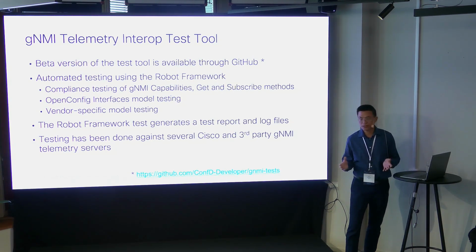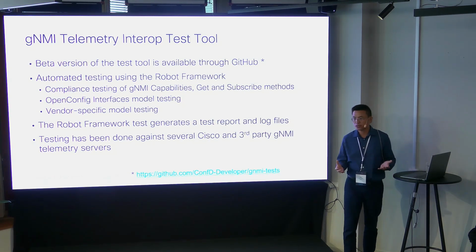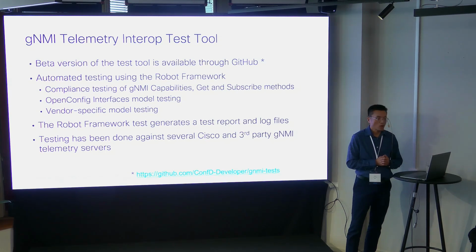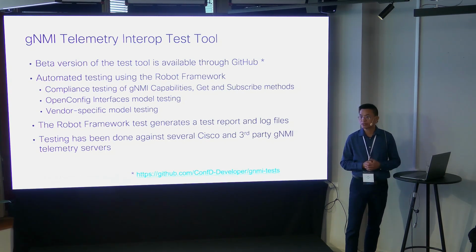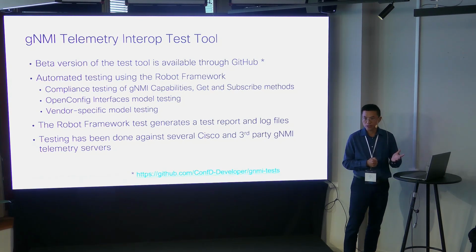So in those cases, when your gNMI server that you're testing with doesn't yet support OpenConfig, or if you're also interested in testing the vendor-specific models, our tool gives you the ability to specify those as well. So you can also test vendor-specific YANG models.